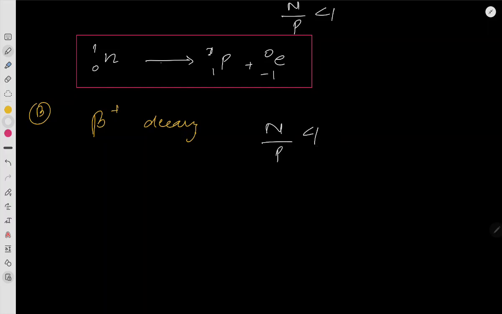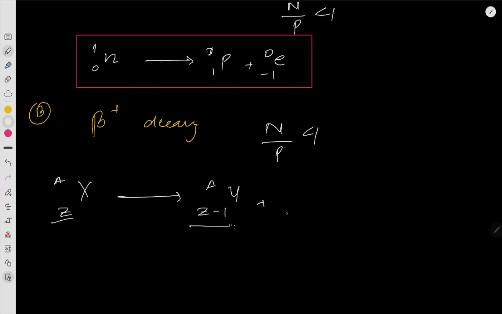So for it to make it 1, we try to increase the number of neutrons. And how do we do it? There's this A X Z, to which we write A Y Z minus 1. We reduce the number of protons, and now to balance there's this Z minus 1.